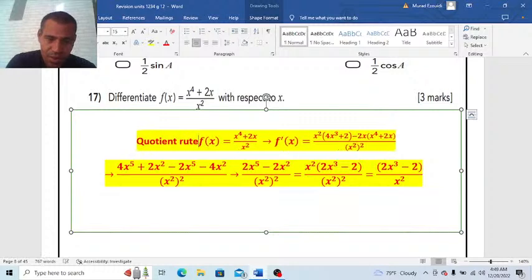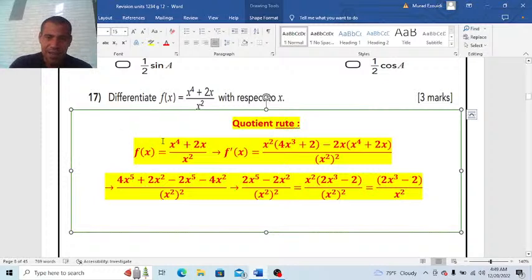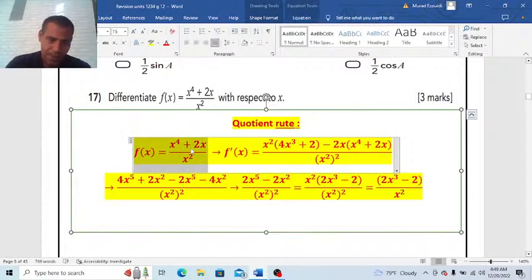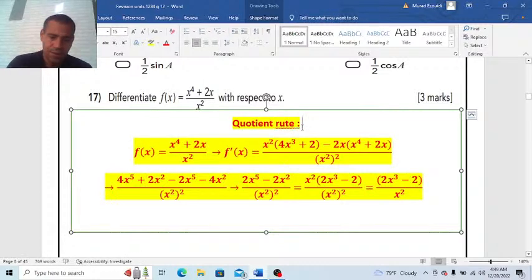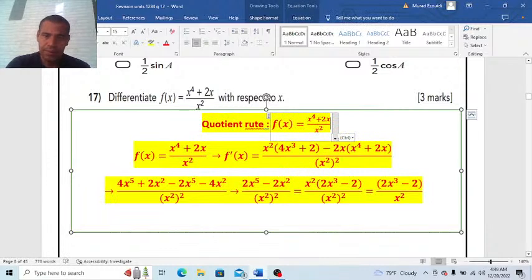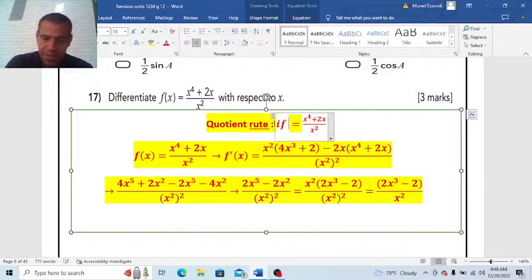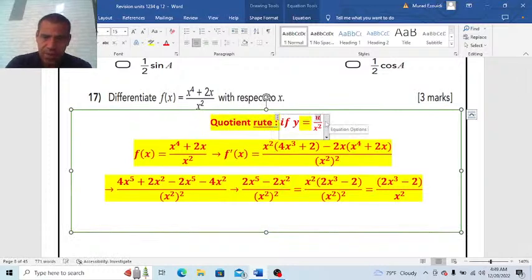Quotient rule, learners, tells that if y is equal to u divided by v.